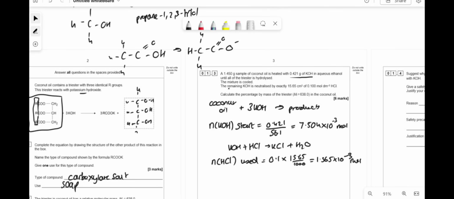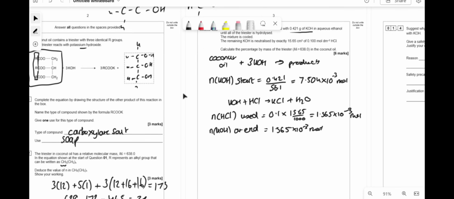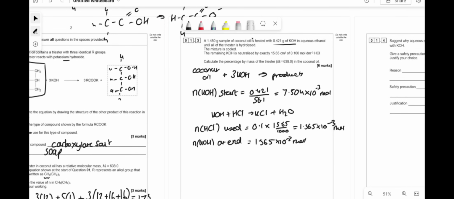So that means whatever was left over must have been this amount because they're in a 1-to-1 ratio. So the moles of KOH at the end, after you've done the hydrolysis part, is going to equal 1.565 times 10 to the minus 3 moles. Therefore, you can go backwards and work out how much actually reacted with the coconut oil.